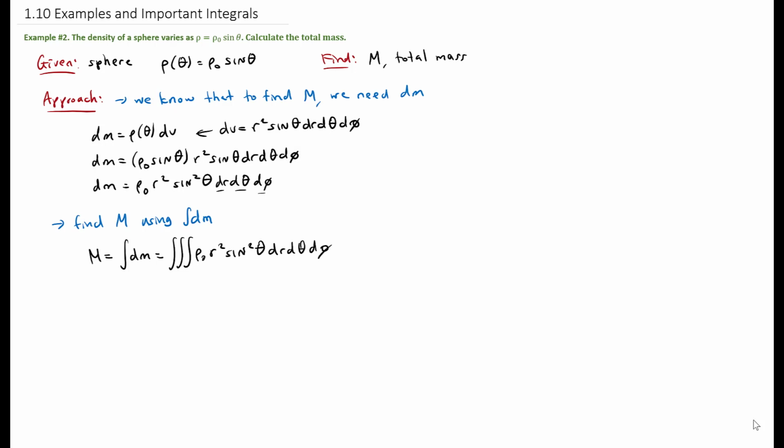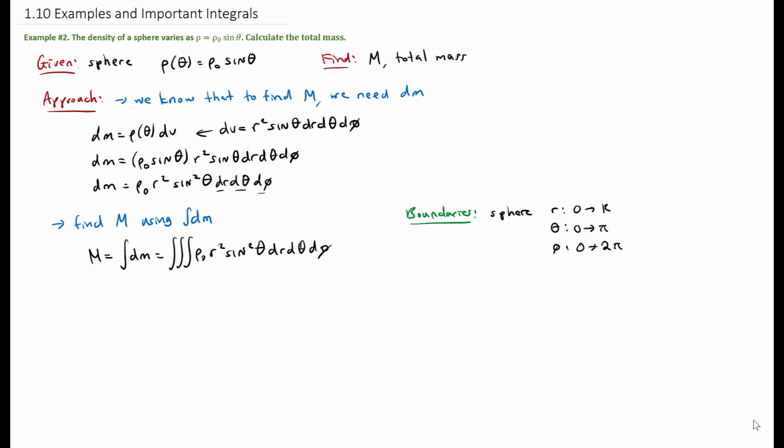I can't proceed without any boundaries, so I'm going to have to find the boundaries here. For a sphere, we have r, theta, and phi, just like before. So for spherical coordinates, this would be 0 to capital R. For a full sphere, this is 0 to pi, and this is 0 to 2 pi.